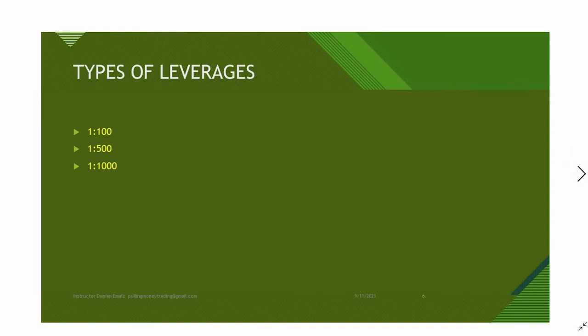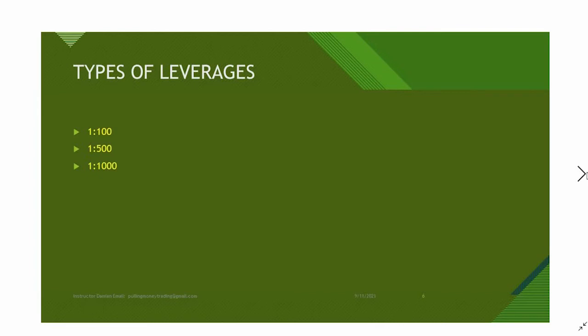All this means is that if you have an account balance of, say, $100, using a 1 to 100 leverage, you would multiply the $100 balance in your account by 100.